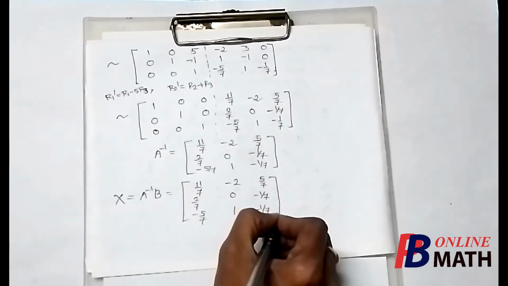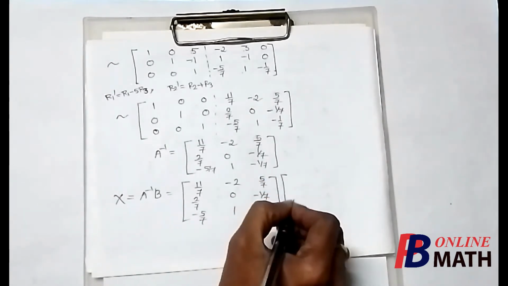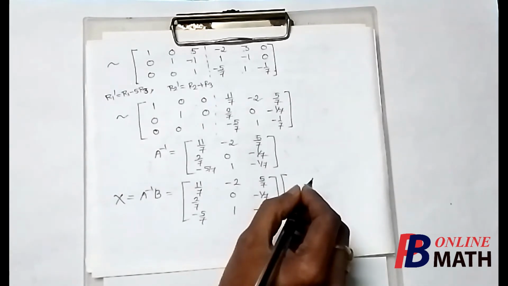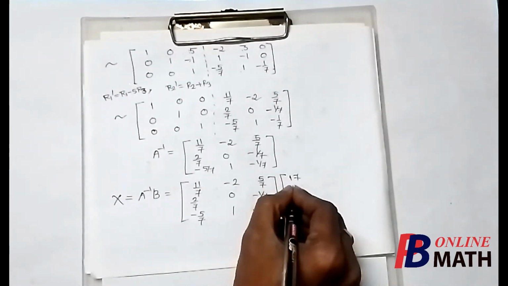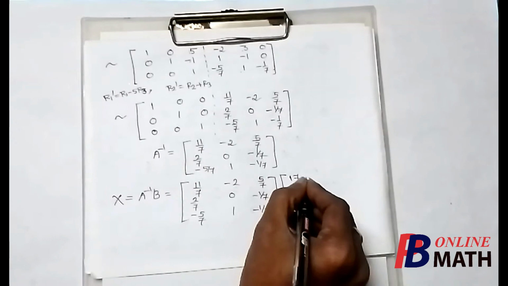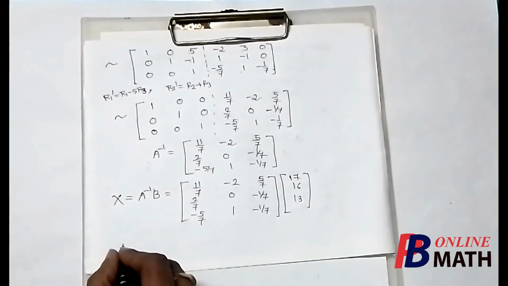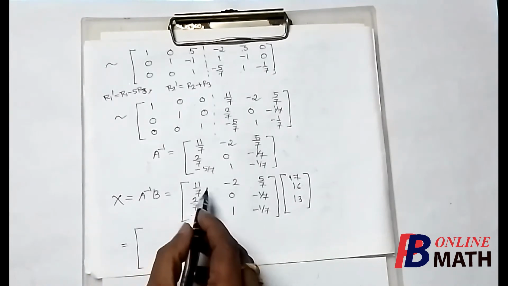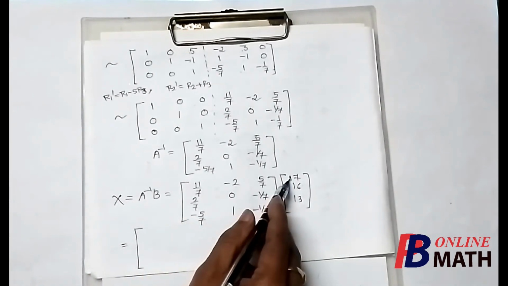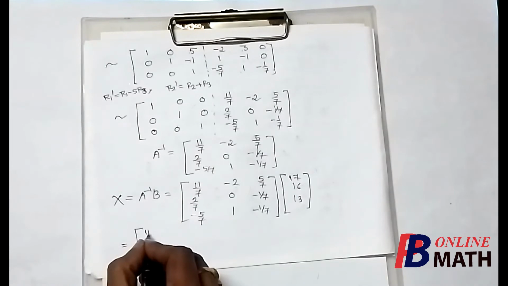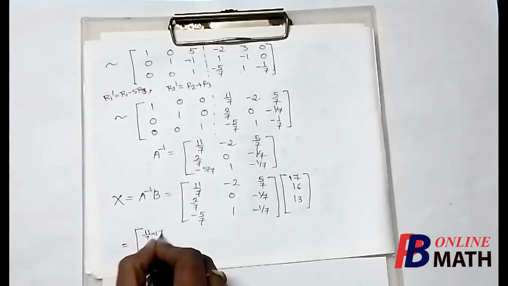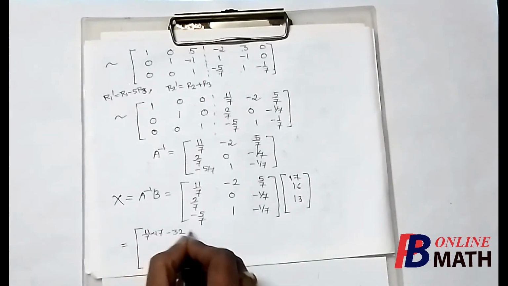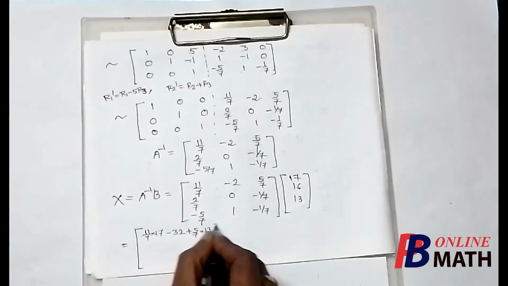It is multiplied by the B column matrix, which is 17, 16, 13. So if we multiply this, it is 11 by 7 into 17 minus 32 plus 5 by 7 into 13. This is the first element.